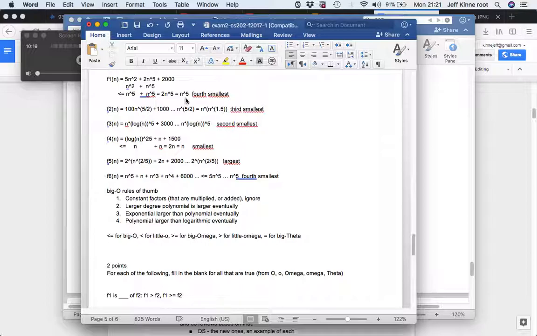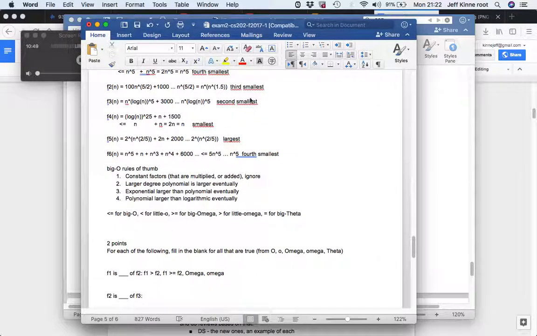N to the 5th, so the 5th power is greater than the 5 half power, so both of these are true. It grows faster than F2, and it grows at least as fast as F2. So in terms of these things, F1 is little omega of F2, and it's also big omega of F2.